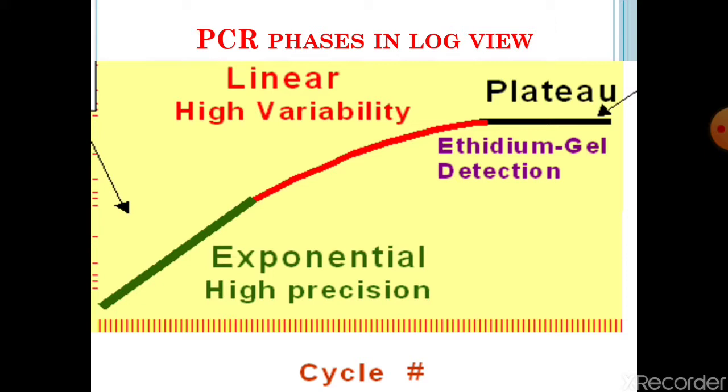You can see the two arrows. The first arrow points towards the green part of the graph, which is the detection done in real-time PCR. Another arrow shows the black part of the graph, which shows the detection in the traditional PCR technique, that is, after the run is complete, endpoint detection.